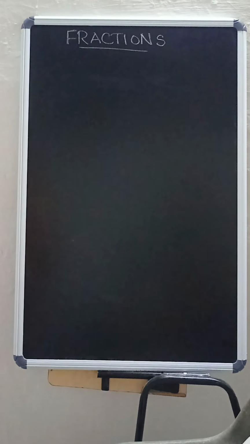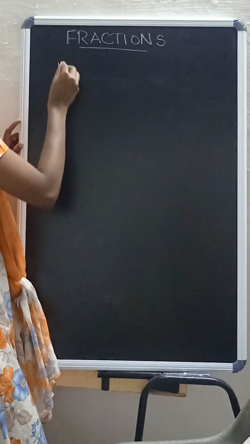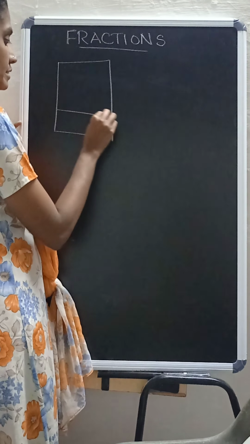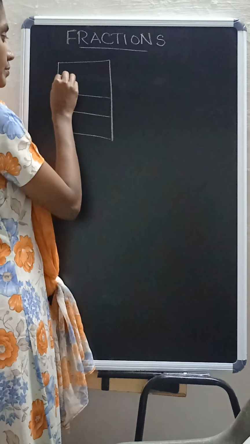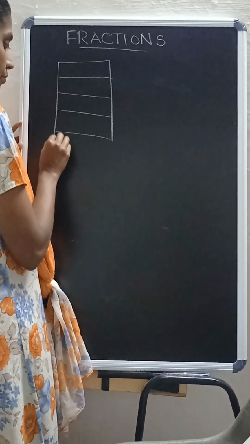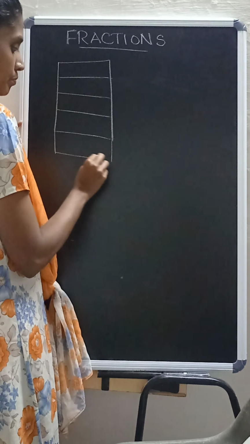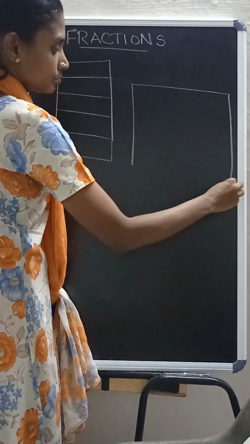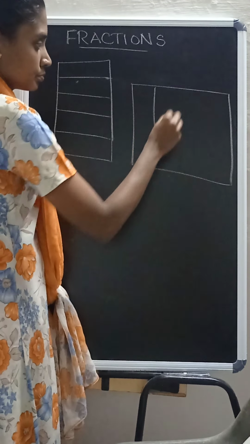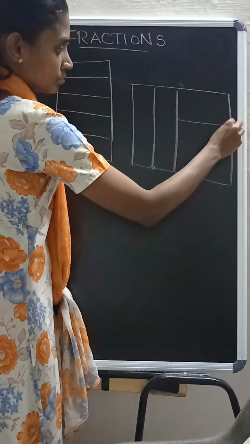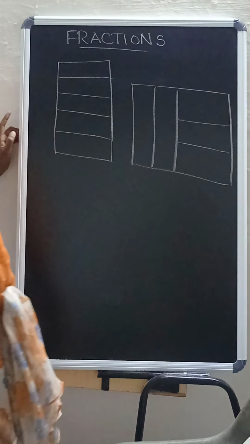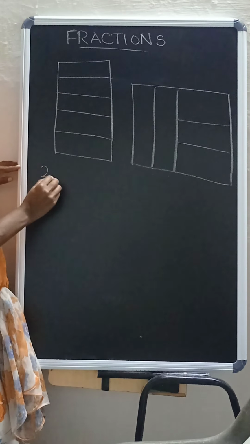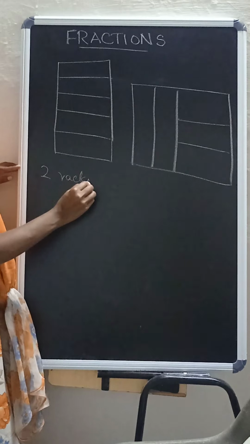Now we will see another example. You have a cupboard in your house with 5 racks of equal size. It can be either of this type or like this. So 5, out of which 2 racks are arranged.